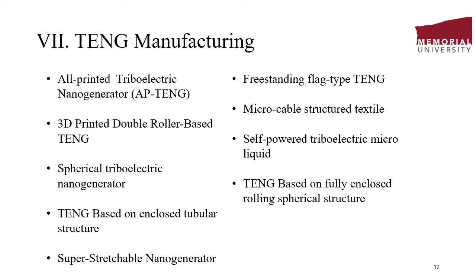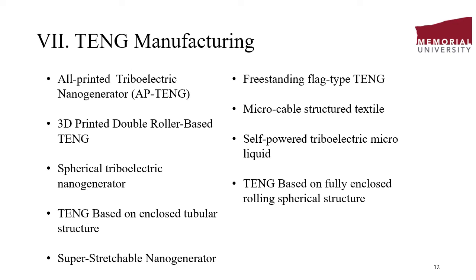generator. There, fabric type dielectric layers are woven into a flat. So, when it is mounted on the wheel, the vibrations are directly deployed for energy harvesting. And the microcable structure textile. Actually, the two layers are woven into a textile. So that's a special type.